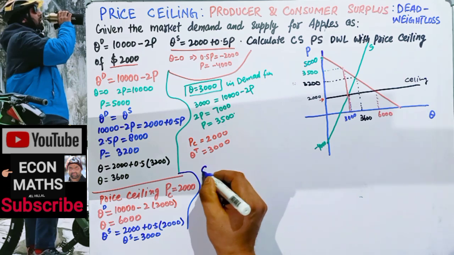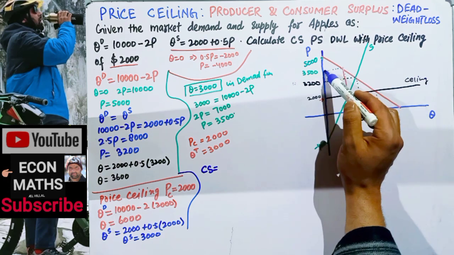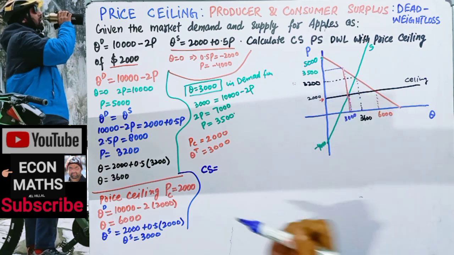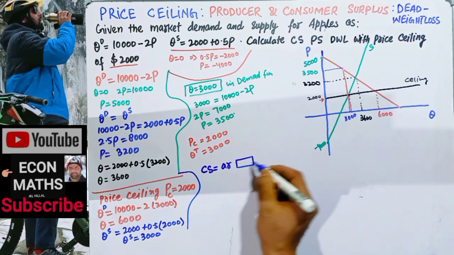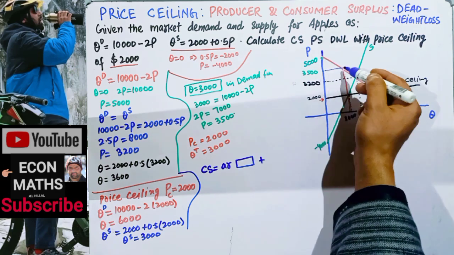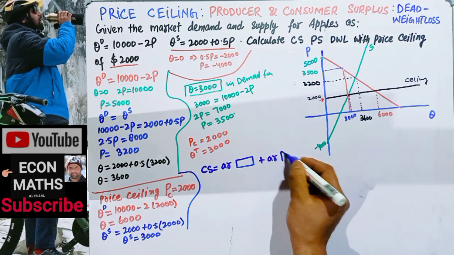So our consumer surplus will be equal to, here we have two parts. Up to this it is a rectangle, so consumer surplus will be area of rectangle plus area of this small right angle triangle.